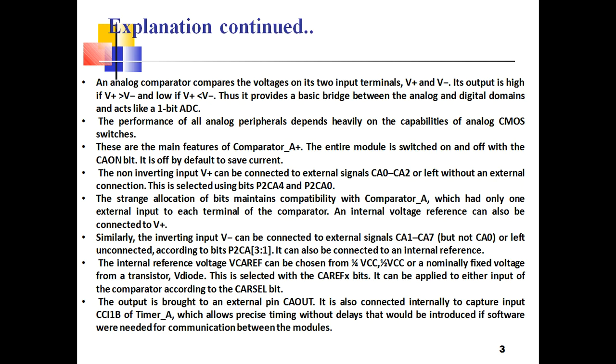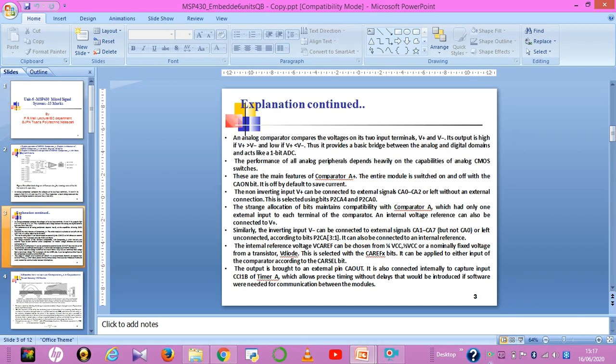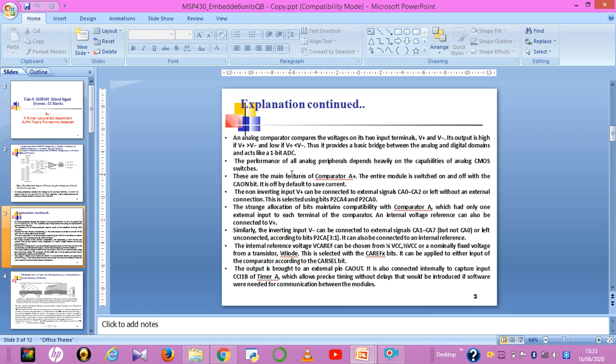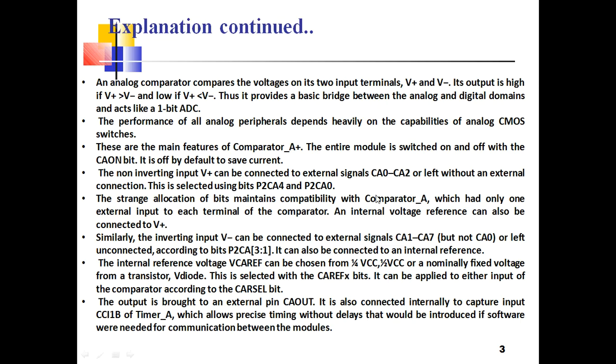Thus it provides the basic bridge between the analog and digital domains. The performance of all analog peripherals depends heavily on the capabilities of analog CMOS switches, and the main features of comparator A plus are listed now.